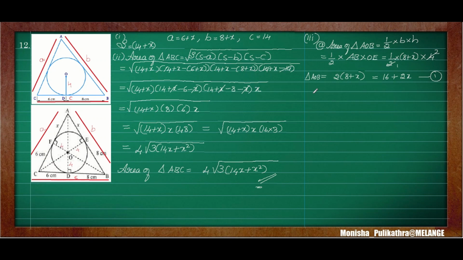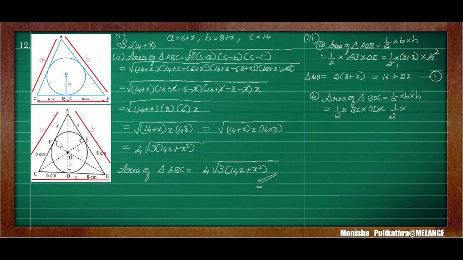So next, second one, area of triangle BOC. Area of triangle BOC is equal to half into base into height. In BOC, base is BC and height is OD.